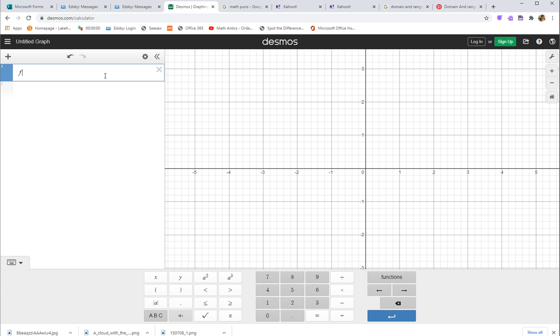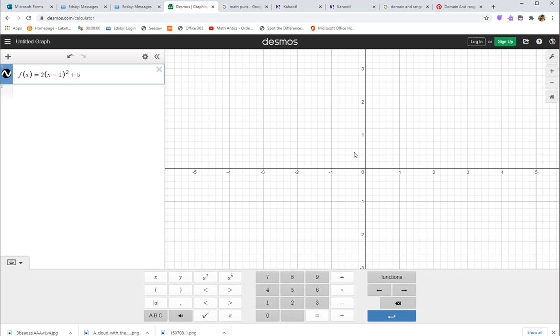So I'm going to go f of x equals 2 times x minus 1 squared plus 5. Oh, and I got to fix my brackets there. Pardon me. There we go.